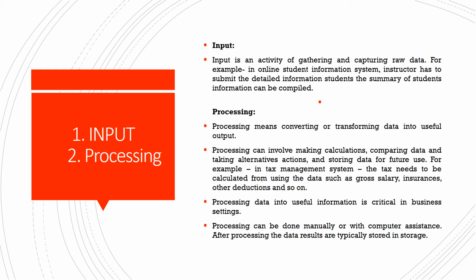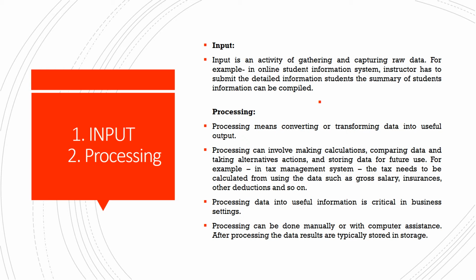Processing can involve making calculations, comparing the data, taking alternate actions, and storing data for future use. For example, in an income tax management system, the tax needs to be calculated, such as gross salary, insurance, and other deductions, and so on. Processing data into useful information is critical in business settings. Processing can be done manually or with computer assistance.